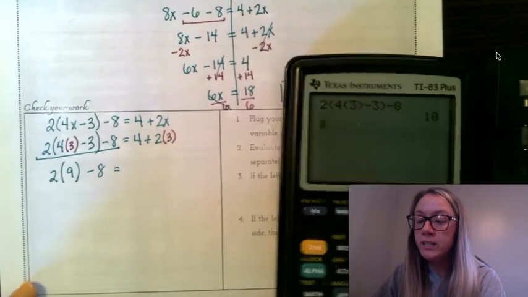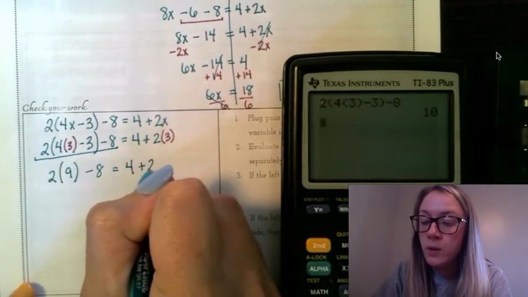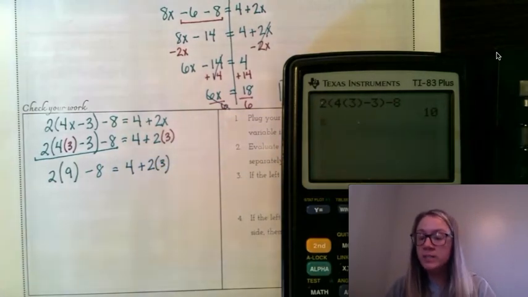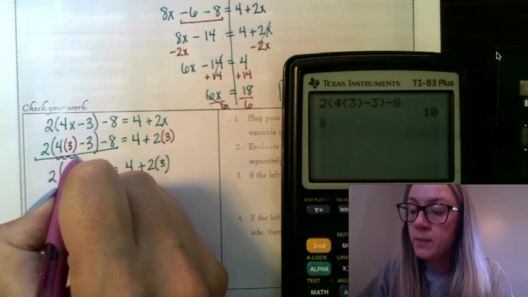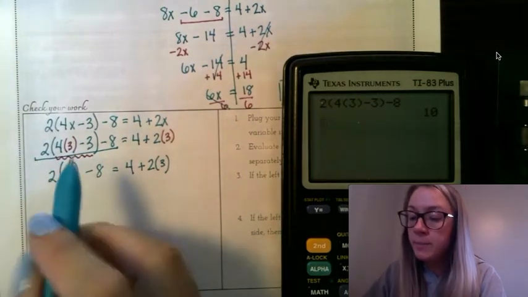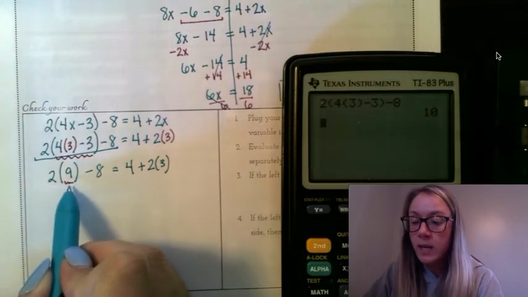And if I wanted to simplify this side right now, I could. I'm going to wait to do it. And so I'm just going to write it how it looks. So what I just did is I did 4 times 3 minus 3, and that turns into 9. So now to simplify, I'm going to multiply 2 times 9, which is 18.